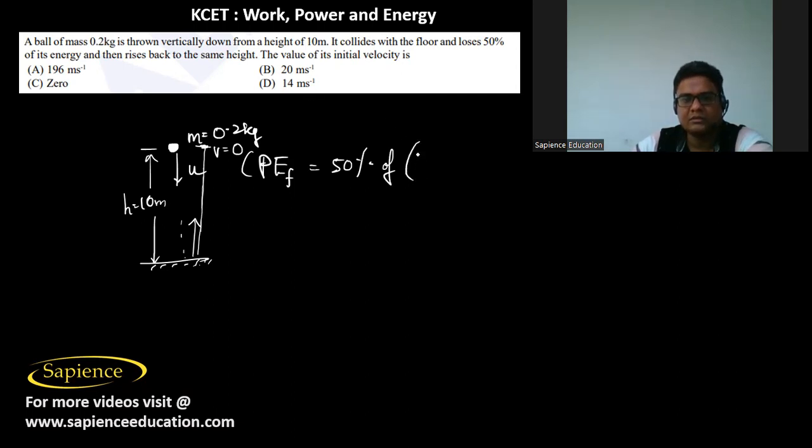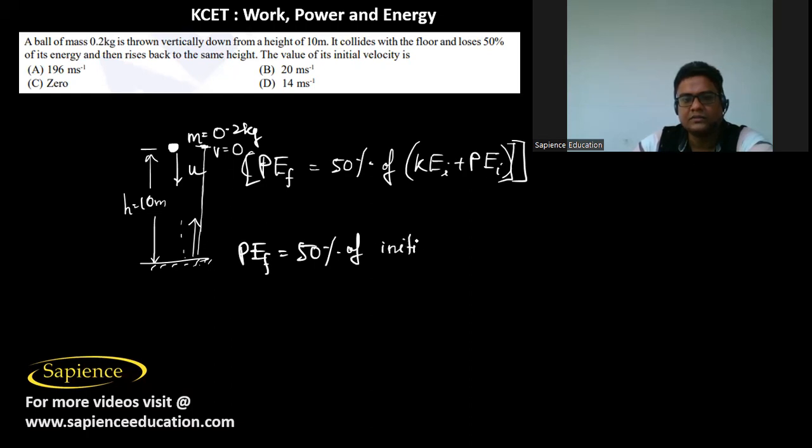Initial energy means the sum of the initial kinetic energy plus the initial gravitational potential energy. So the final potential energy is equal to 50% of the initial total mechanical energy.